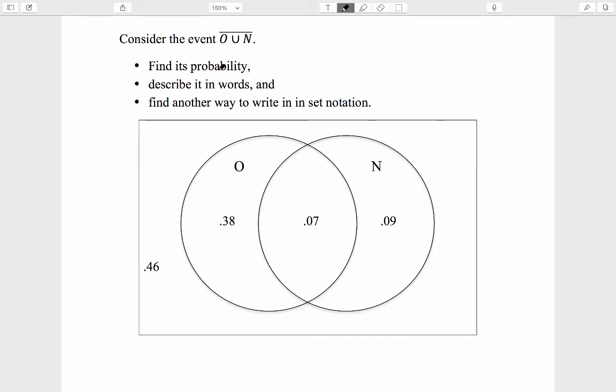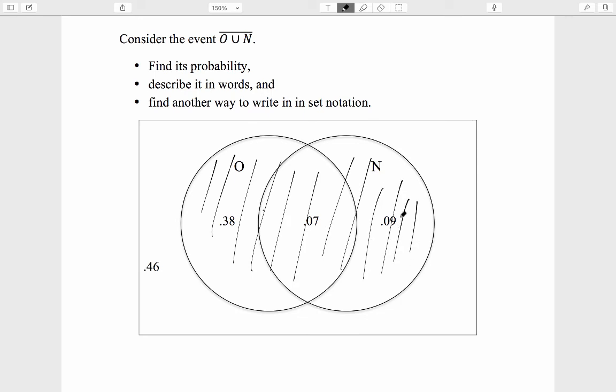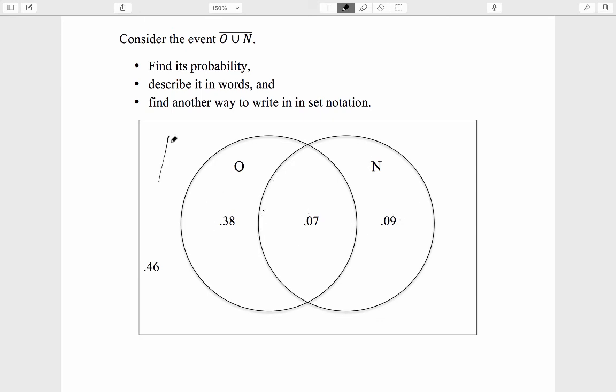Our task is to find the probability of this event, to describe it in words, and find a different way of writing it in set notation. This is actually not so bad. We know what O union N is. It's everything inside these three basic regions. So what's O union N complement? It's everything else.